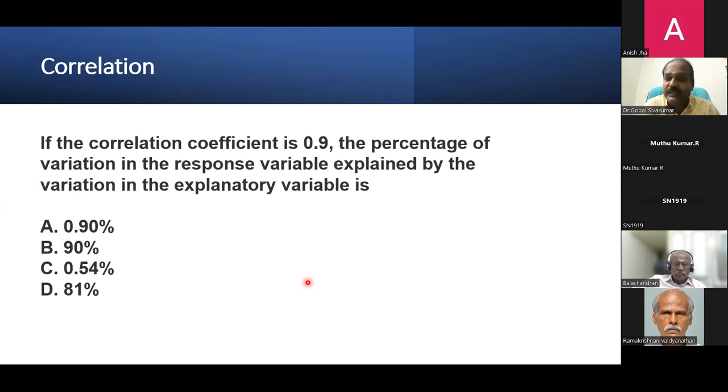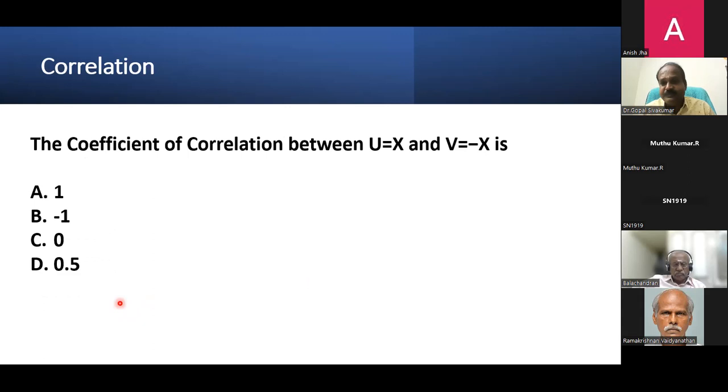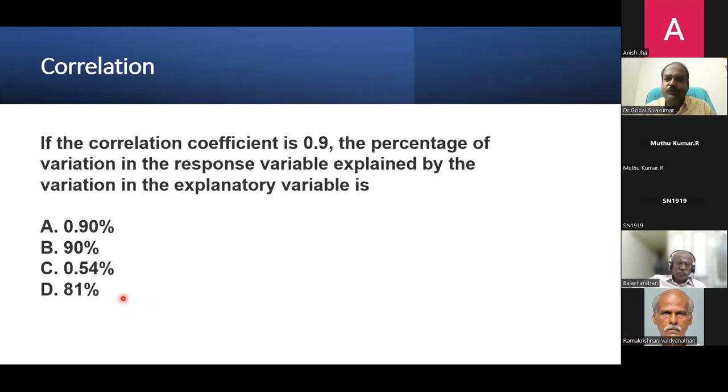R is 0.9, so R square, the coefficient of determination, is 0.81. The variation in my y is explained by the variation in the x to the extent of 81%. So we are using R square here, which is mentioned as 81%.